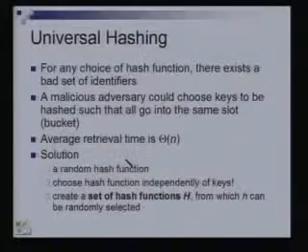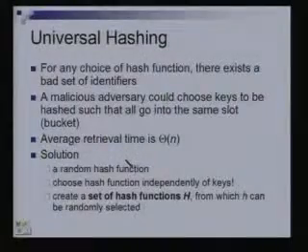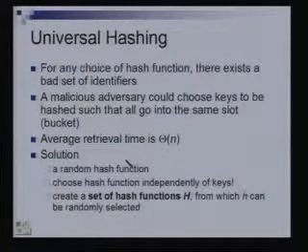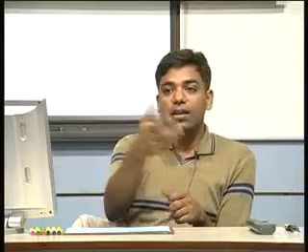One solution I can employ is that I don't even tell you what hash function I'm going to use. I say I'm going to have a bunch of hash functions, let's say 15 different hash functions, and before the process starts, I'm going to randomly pick one of these, and then use this hash function to put the keys you give me into the table.